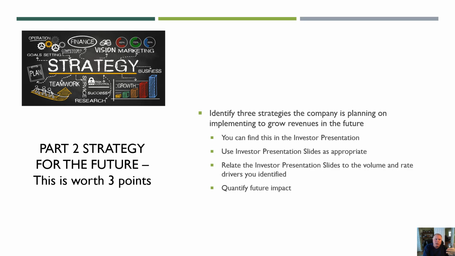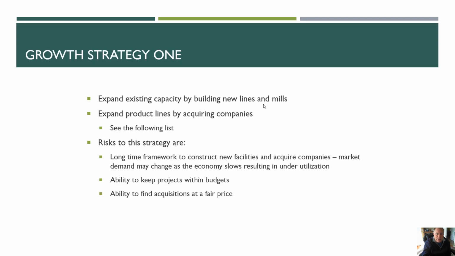So let's take a look at Steel Dynamics. Rate and volume drivers, but what is it that the company is doing? So this is for Steel Dynamics. They're going to expand existing capacity by building new lines and mills. They're going to expand their product lines by acquiring companies, and there's a list. The risks, long-term framework to construct new facility.